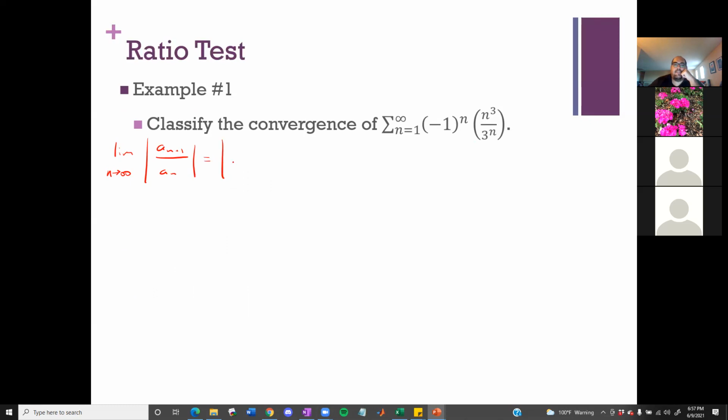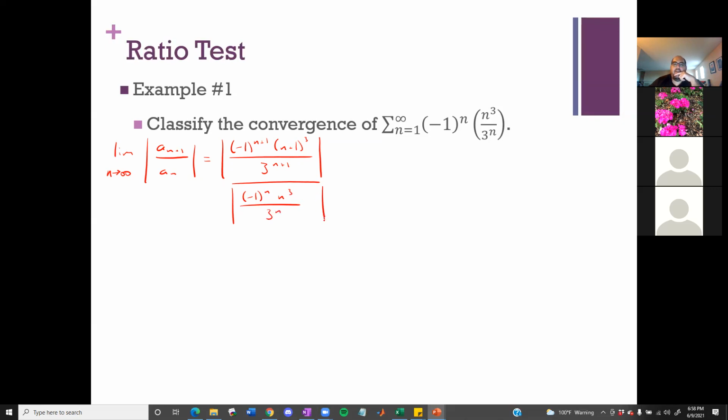And I get something that looks like this: -1 to the n plus 1 times n plus 1 cubed over 3 to the n plus 1, all over just the base sequence, -1 to the n times n cubed over 3 to the n.